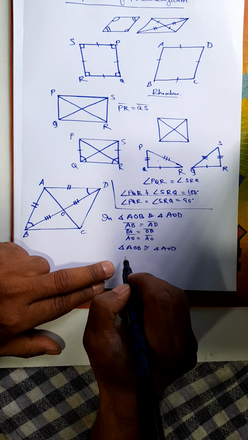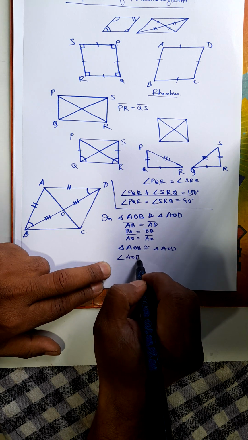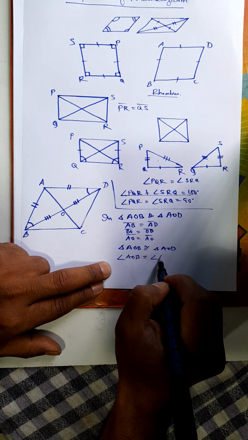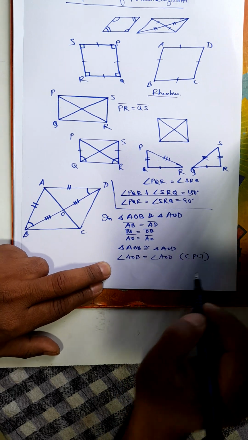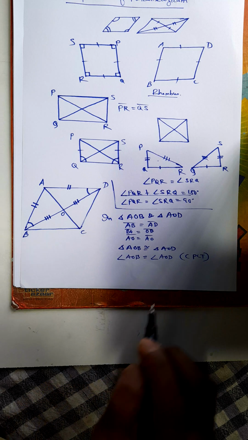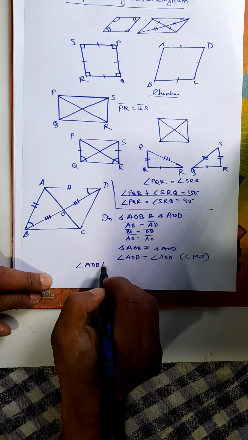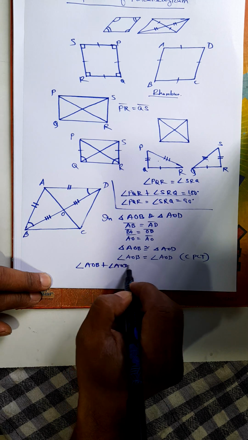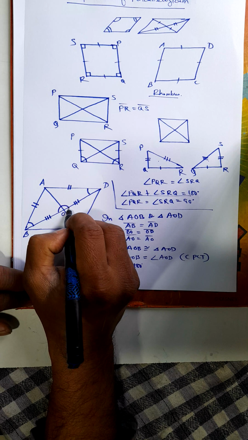Since they are congruent, we find that angle AOB equal to angle AOD. CPCT: corresponding parts of congruent triangles are equal. Now angle AOB plus angle AOD equal to 180 degrees. It's a linear pair.